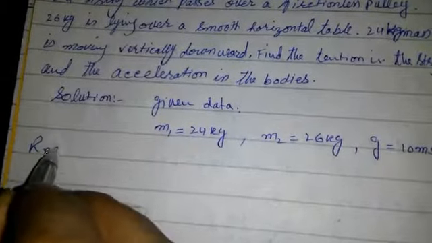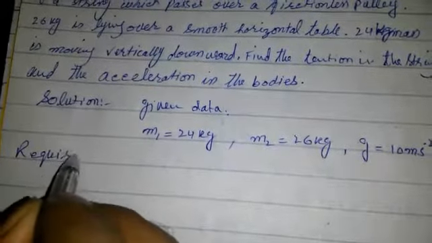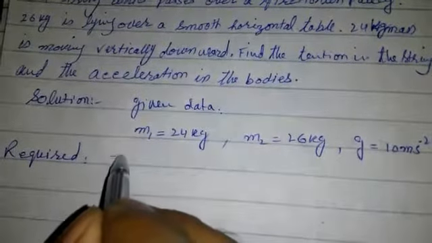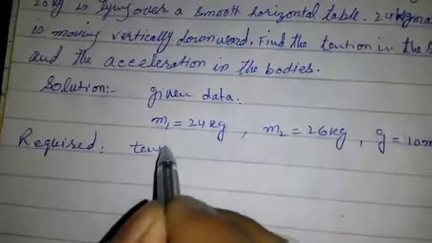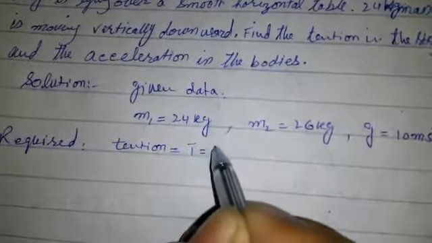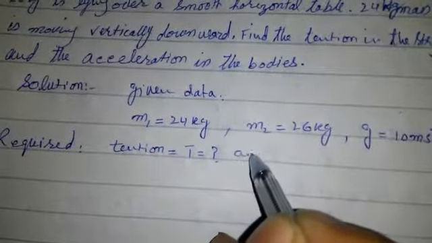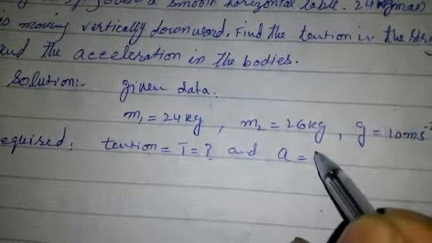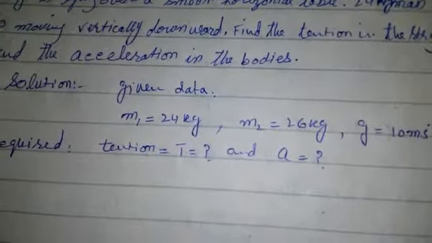Required: tension, which is equal to T, and acceleration A in the bodies.